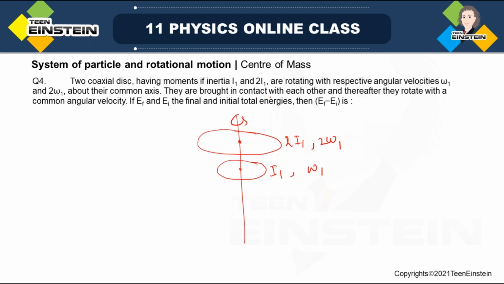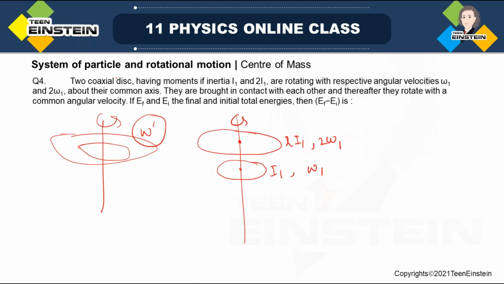They are brought in contact with each other, and thereafter they rotate with a common angular velocity, suppose omega prime.